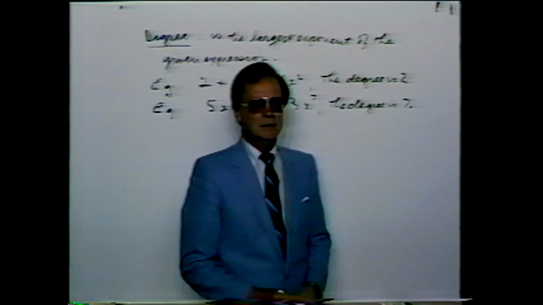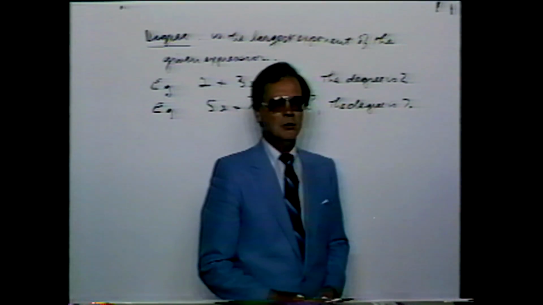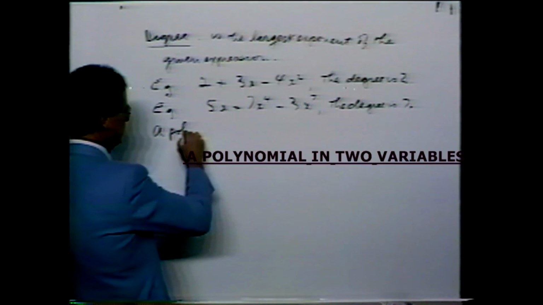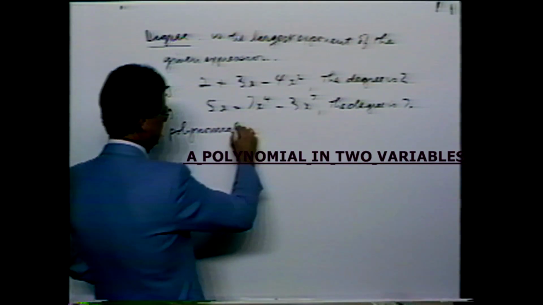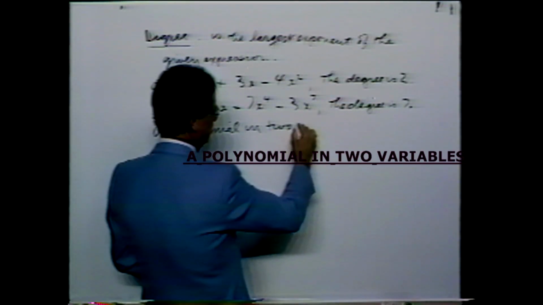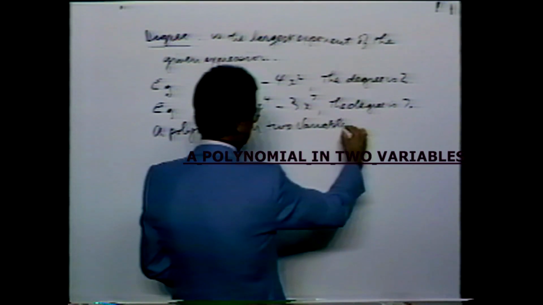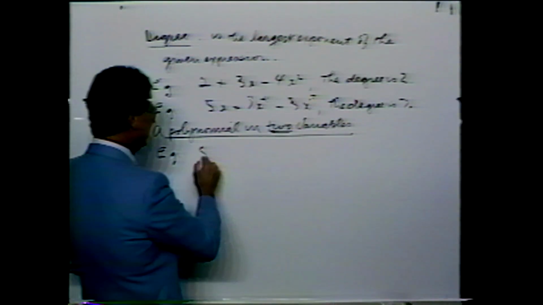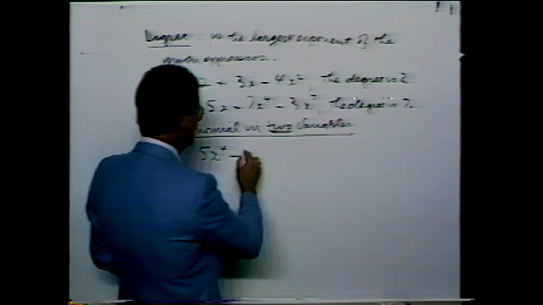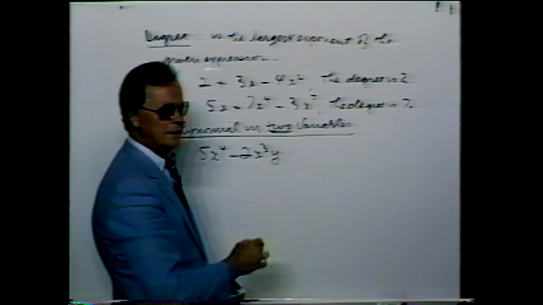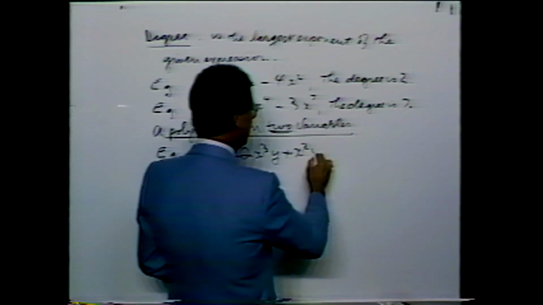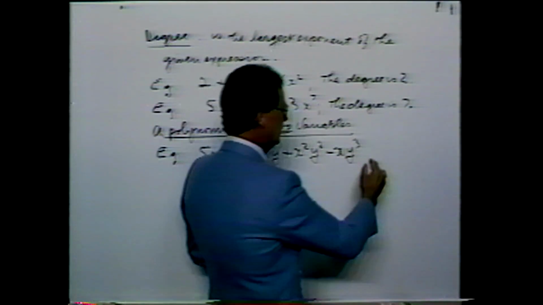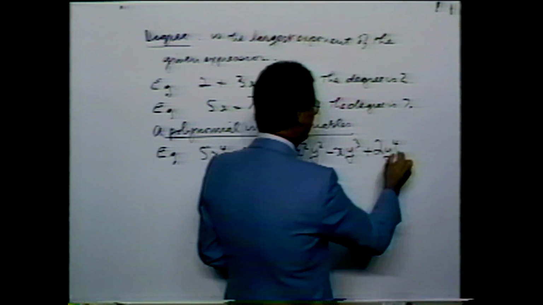The next idea I want to present is a polynomial in two variables. 5x to the 4th minus 2x cubed y plus x squared y squared minus xy cubed, and finally plus 2y to the 4th.